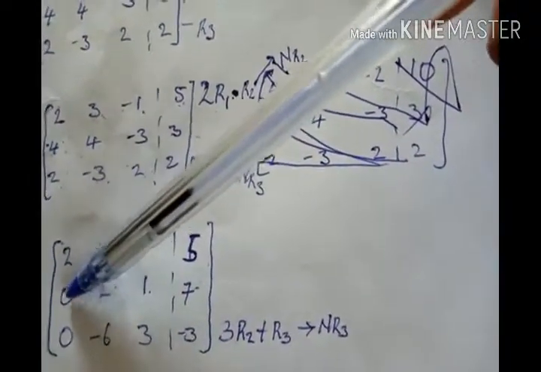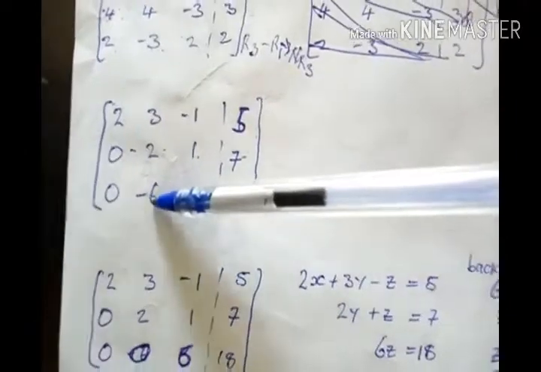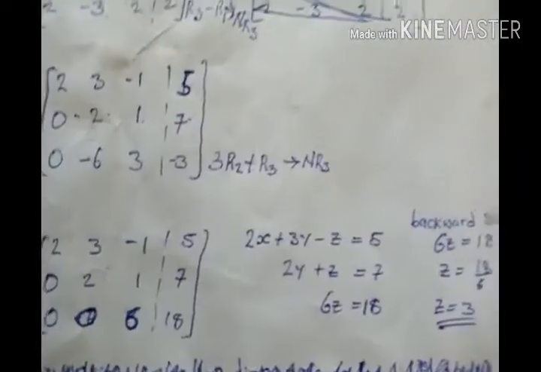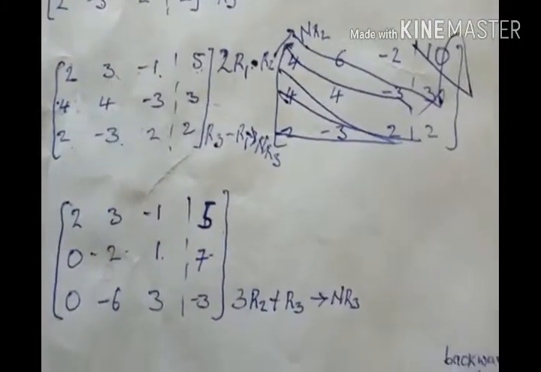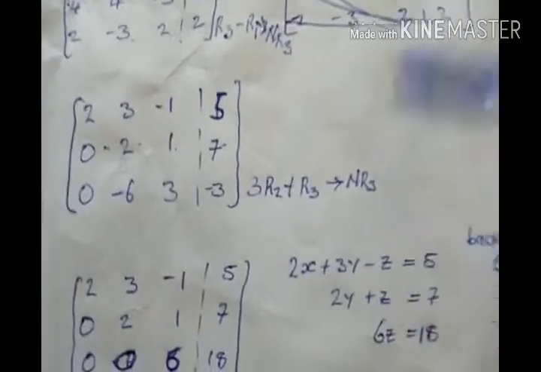So the next step, I've already succeeded in eliminating this. The next thing I'm going to do is to eliminate this negative 6. For me to eliminate the negative 6, I need to multiply my row 2 by 3, then add row 3 to it so that this 6 will be 0 to give me my new row 3.